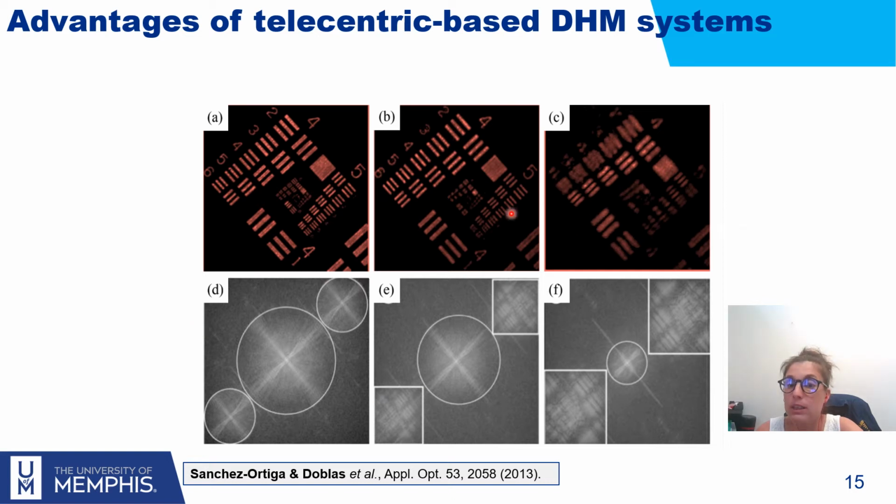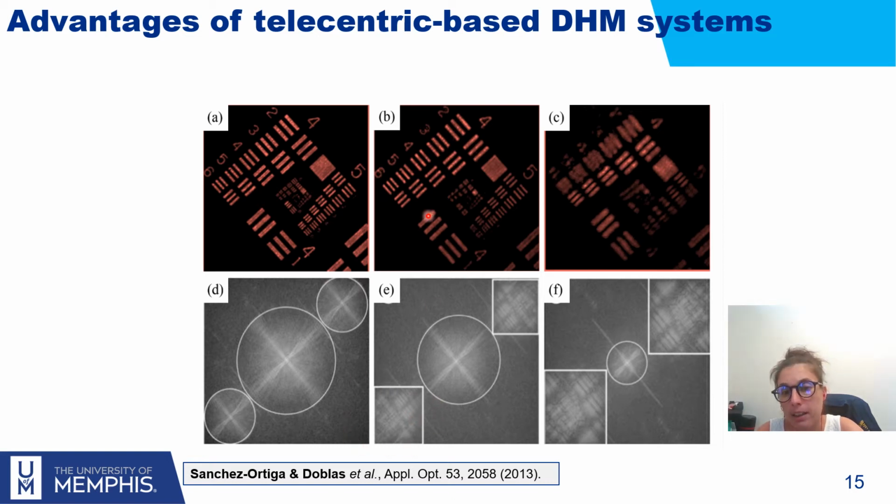But when the system is arranged in a non-telecentric regime, the defocus, a distorted version of your object spectrum, is not enclosed in a circle anymore. It's the convolution of your object spectrum with a quadratic phase factor, changing the shape of the plus and minus 1 order and being enclosed within a rectangle.